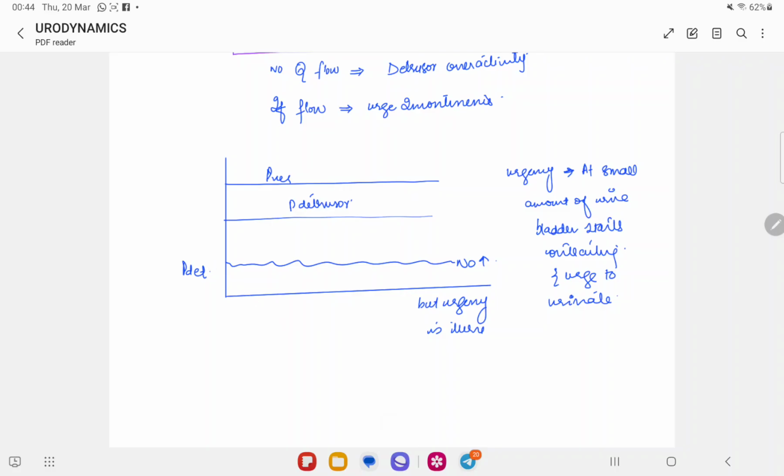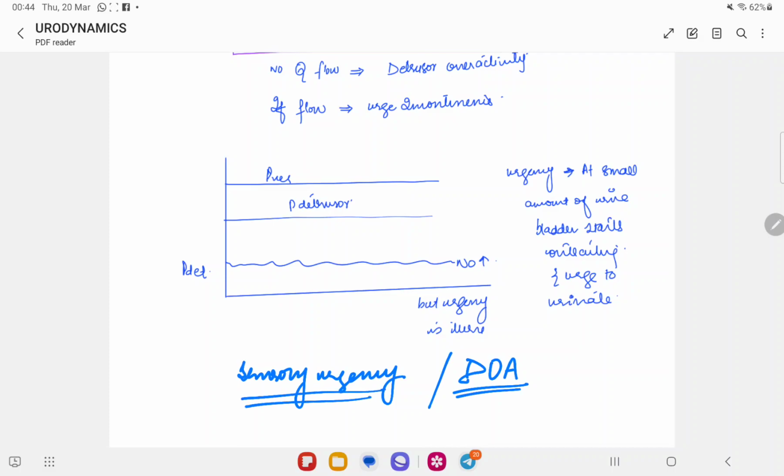There is one more term. It is important for your MRCOG questions and for your clinical as well, that what is the difference between urgency, that is the detrusor overactivity, and sensory urgency. So they will be giving you one question, what is called sensory urgency and what is detrusor overactivity. So how will you differentiate between these two terms?